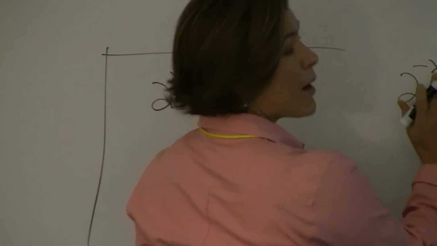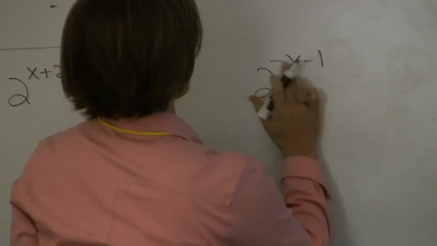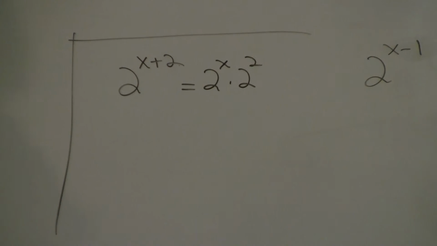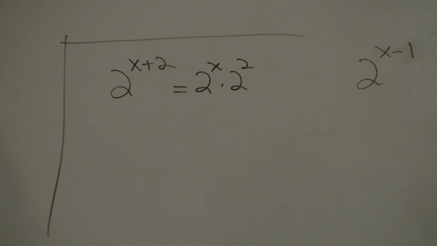Basically your ratio is 2, so you have g sub 1 times r to the x minus 1 power. So there's your exponential equation, and a lot of kids can't simplify that to 1/2 times 2 to the x.